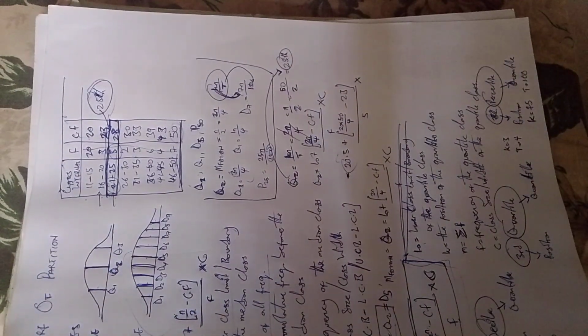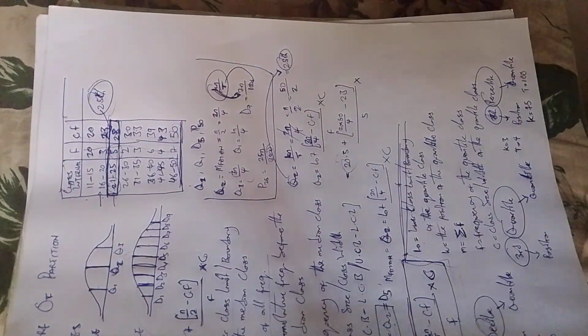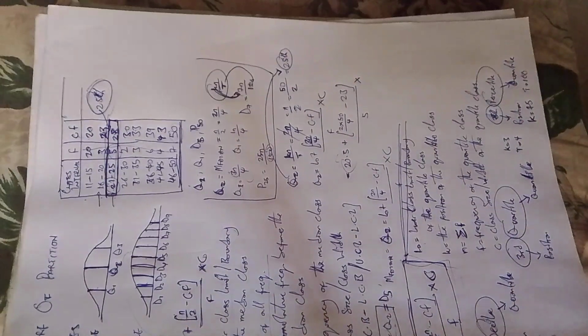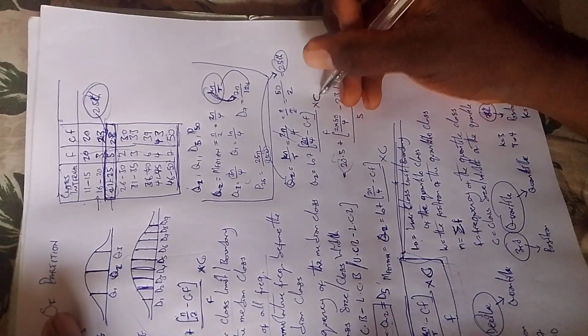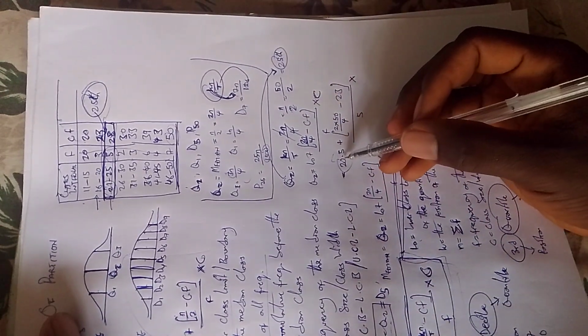If I'm looking for the 75th percentile, it will be the 75th percentile class. That's just the logic. We are just changing the position and the type of quartile we are talking about.